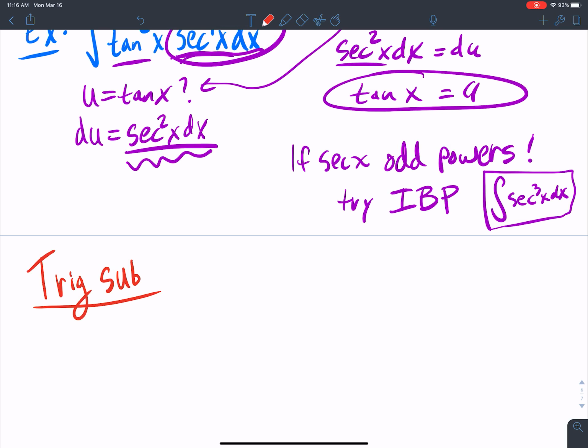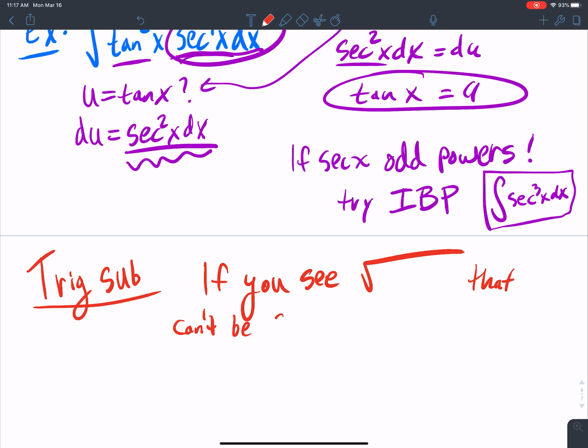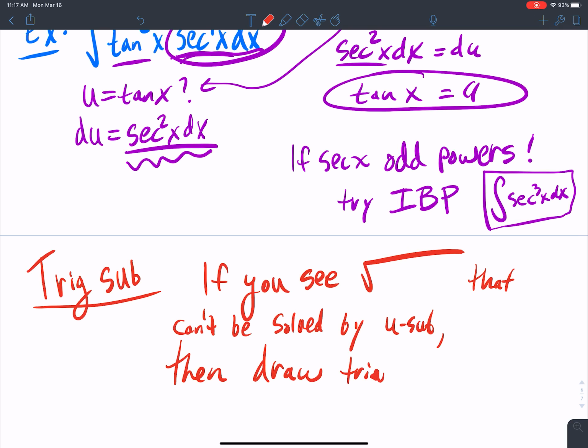Now, Trig-sub. If you see a square root that can't be solved by U-sub, remember that's step 2, the U-sub trick, then draw a triangle, and use it the Clark way.